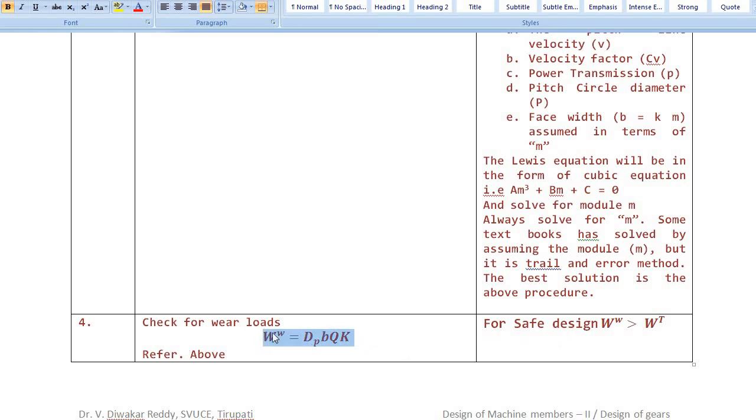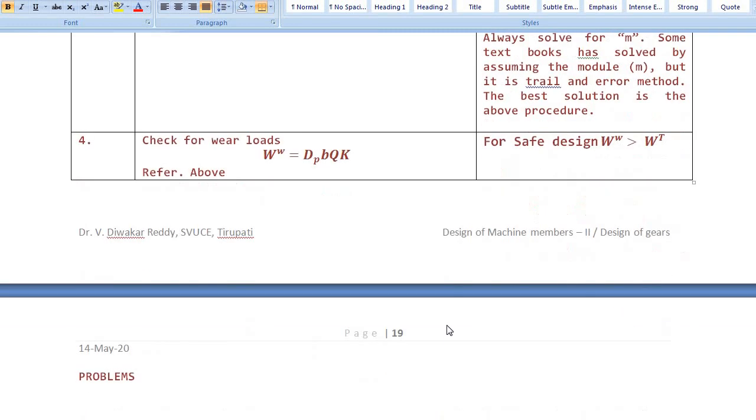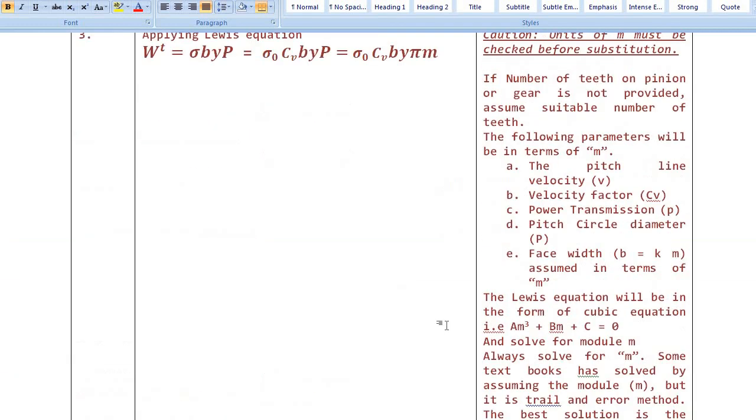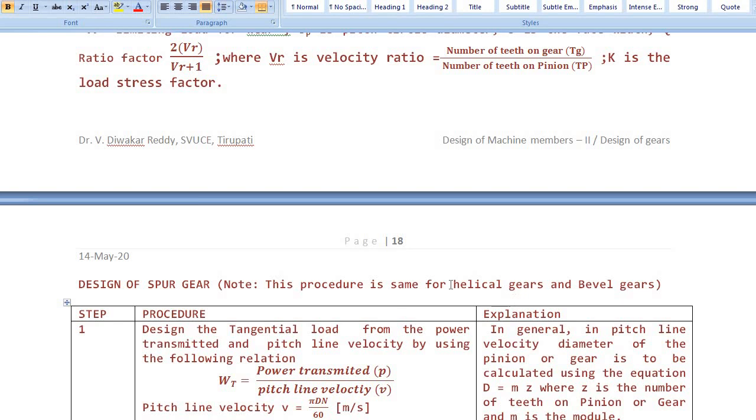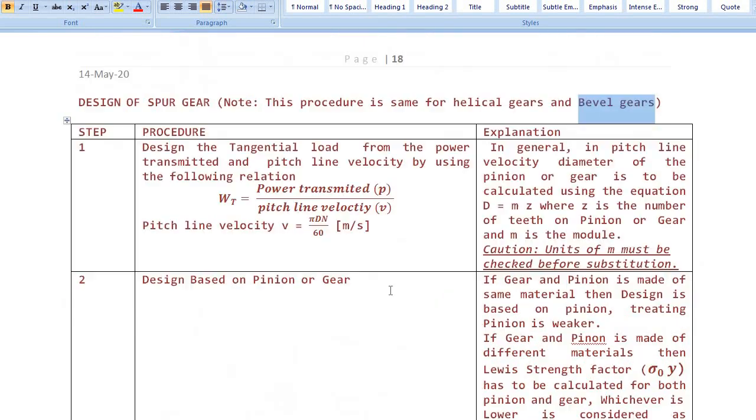After calculating the wear load, we have to check that it is greater than the tangential load for a safe design. So only 4 simple steps are available for the design of a spur gear. A similar procedure can be followed in the case of helical gears with minor modifications, and bevel gears also.